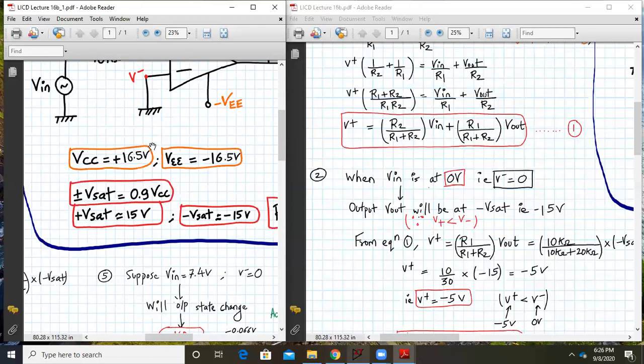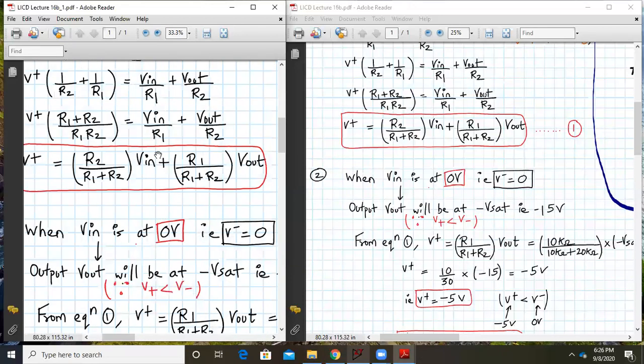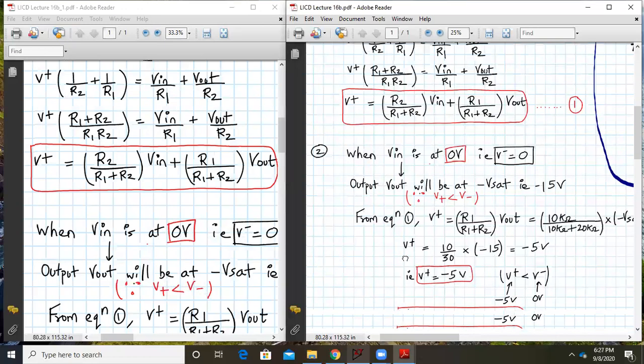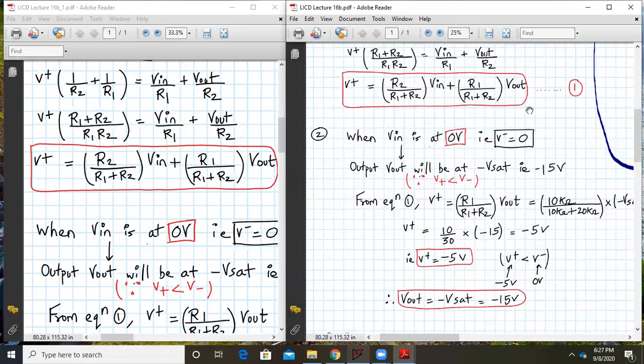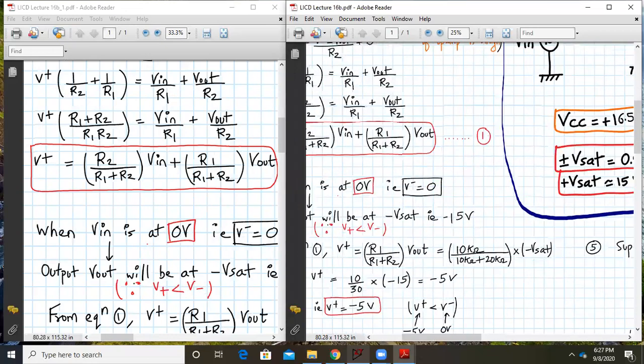Let us go back to our analysis and this equation. When V in is at 0 volt, in this formula we substitute V in equal to 0, and V out, initially we assume it to be at minus VSAT, that is minus 15. From the diagram, we can say V minus is permanently equal to 0.